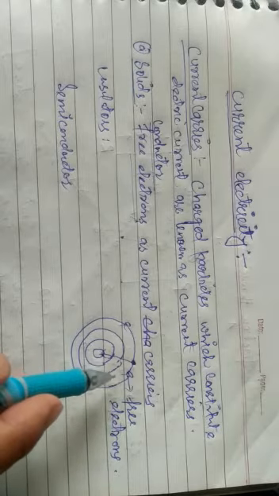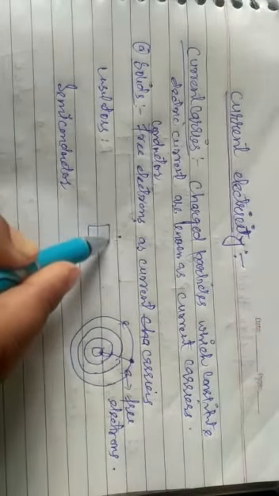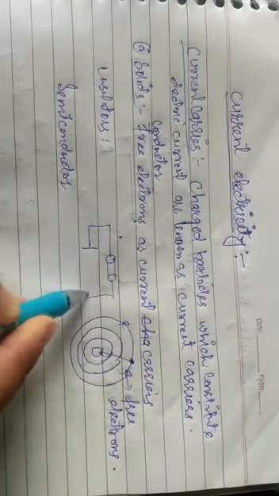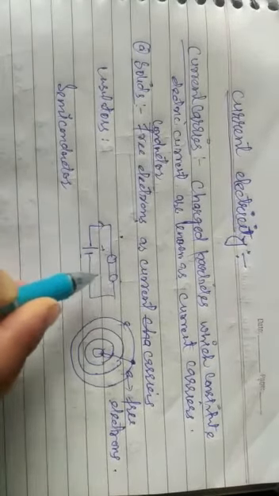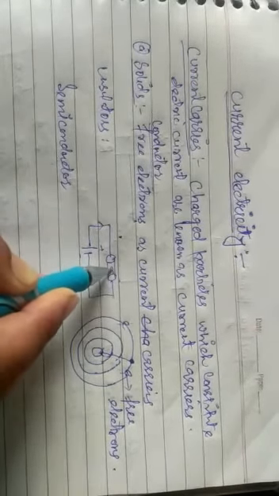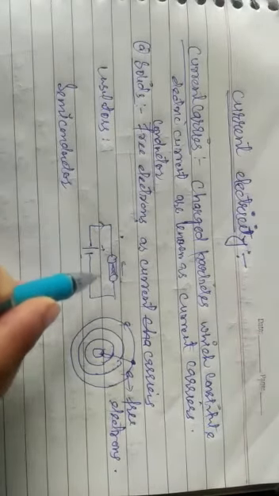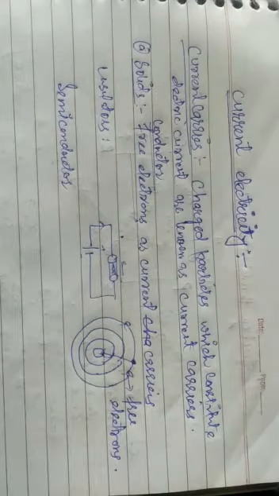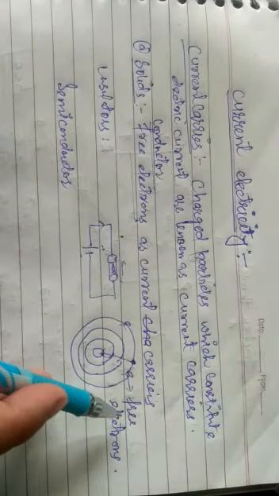When an electric field is applied, with positive and negative terminals across a conductor, there will be a movement of electrons. The direction of the electric field is positive to negative, but the direction of electrons is opposite to the direction of the electric field. These free electrons constitute the electric current.